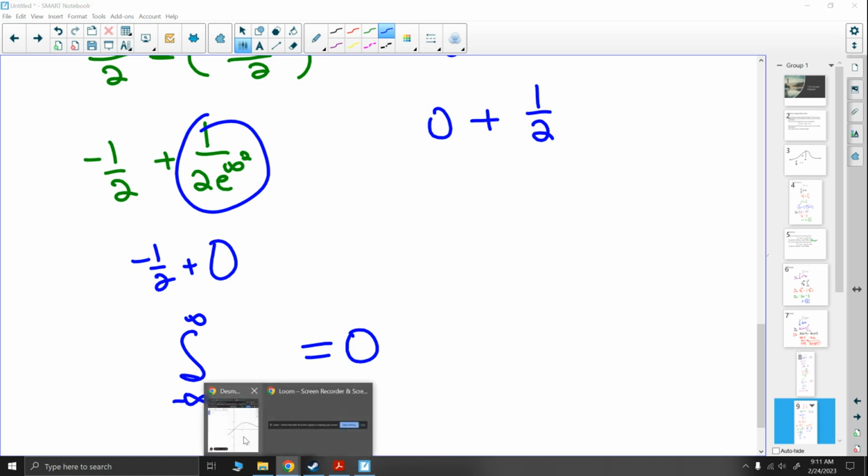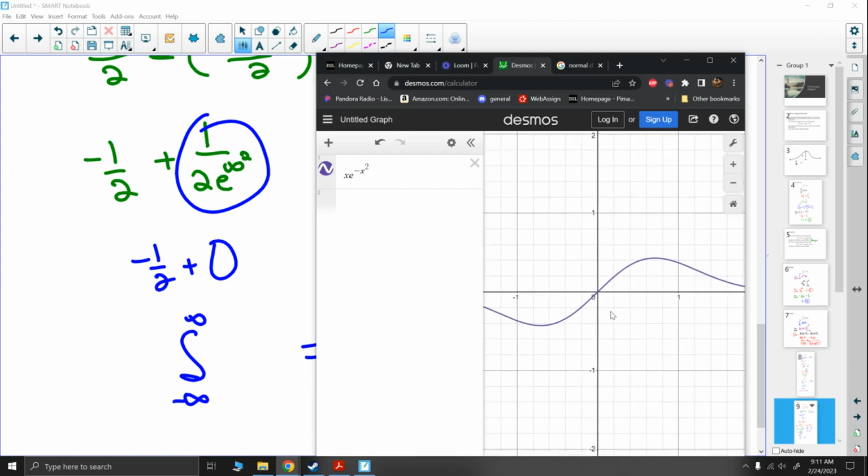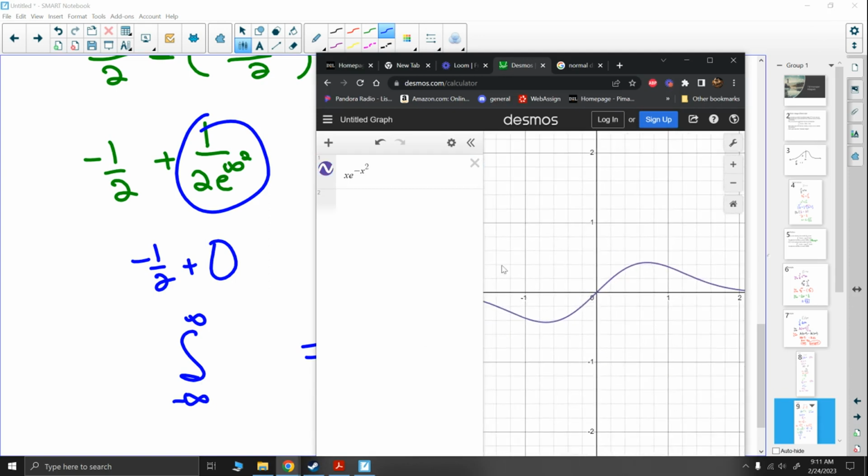So technically speaking, this could be a stand-in for some kind of probability if we just made it absolute. That wouldn't do it. Anyway.